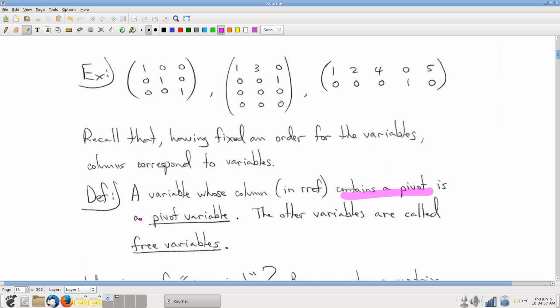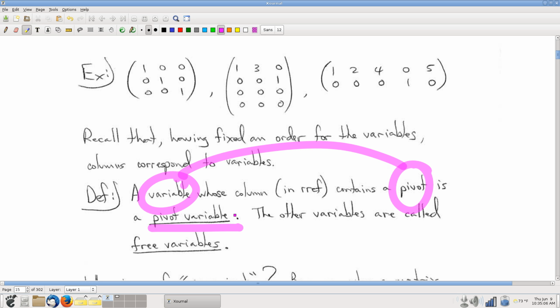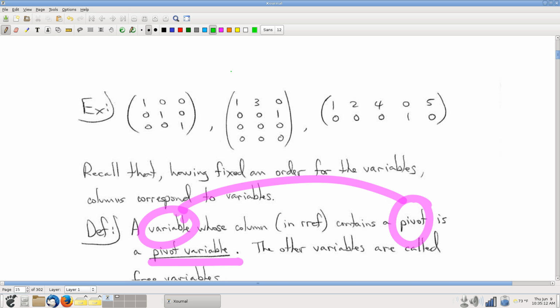A variable whose corresponding column contains a pivot, we call a pivot variable. For example, if these were columns corresponding to x1, x2, x3, then x1 and x3 are pivot variables because their columns have pivots. x2 is not a pivot variable.